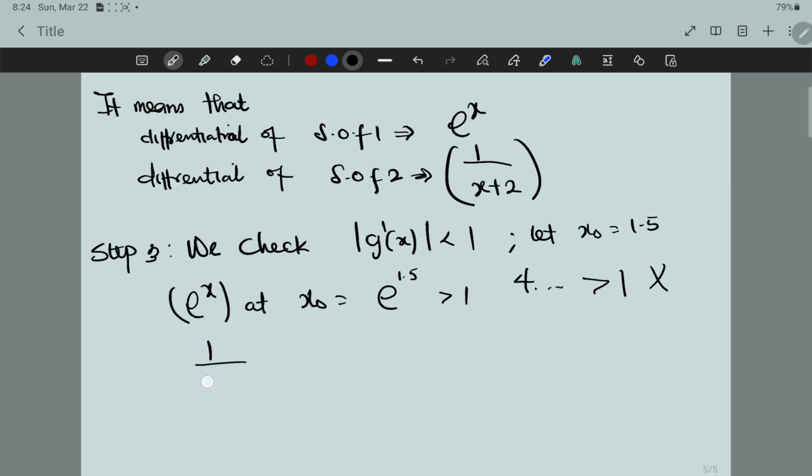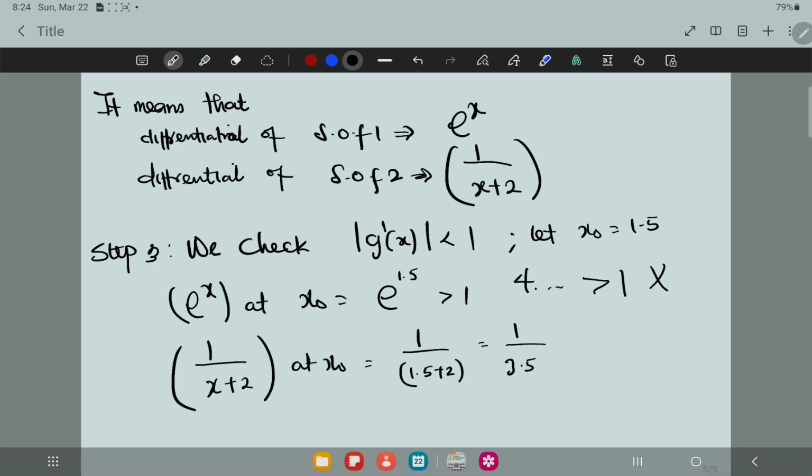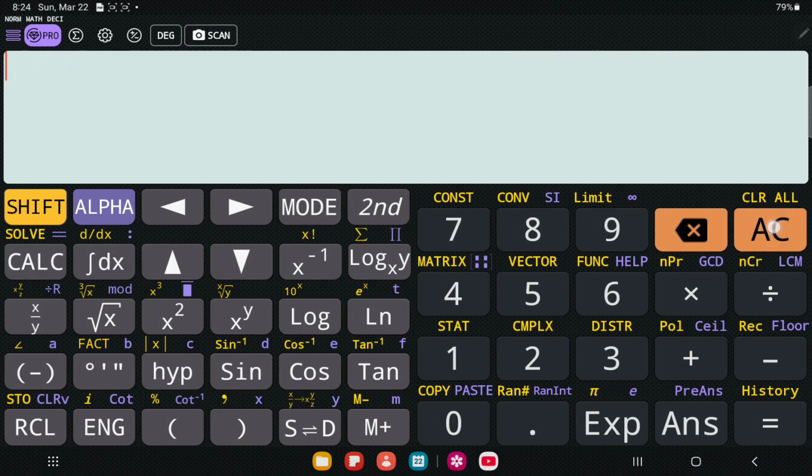We want to check 1 over x plus 2 at x naught. That's 1 over 1.5 plus 2, which is 1 over 3.5. What is 1 divided by 3.5?